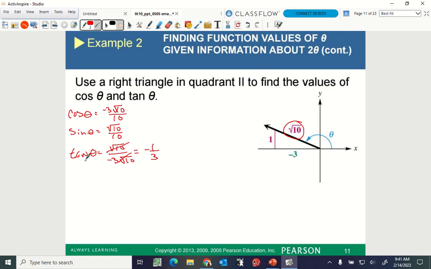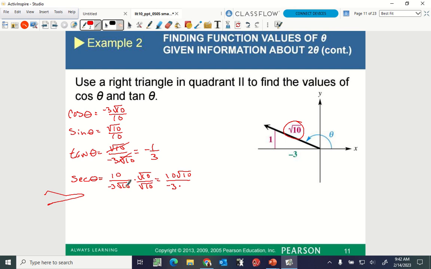After that, let's go secant, which is r over x: 10 over negative 3 rad 10. Again with the rationalizing. I get 10 rad 10 over negative 3 times, when I multiply these together, what's going to happen to my radical?